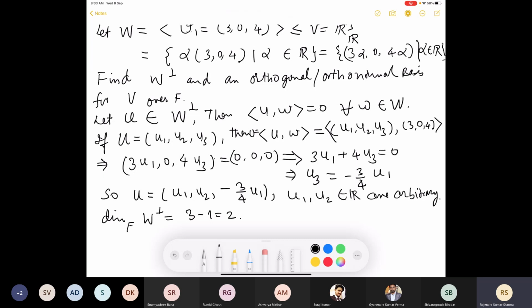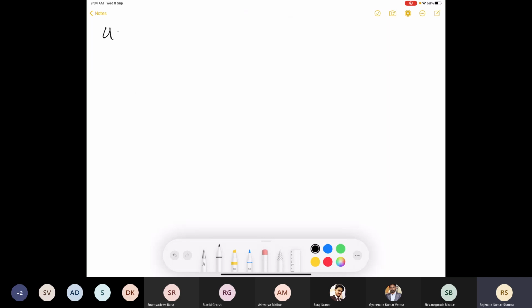Now you can also see that giving particular values to U1 and U2 gives two linearly independent vectors. U can be seen as a linear combination of two vectors.